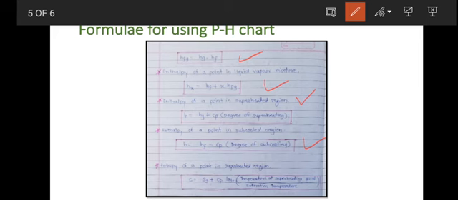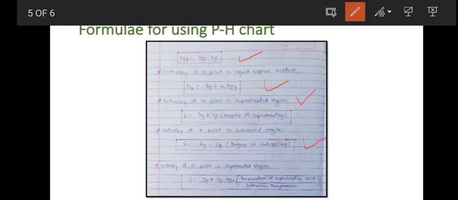Okay. Then the last point, entropy of a point in the superheated region. Sometimes, to find the enthalpy, we can use the entropy. So in that condition, how do we find the entropy?